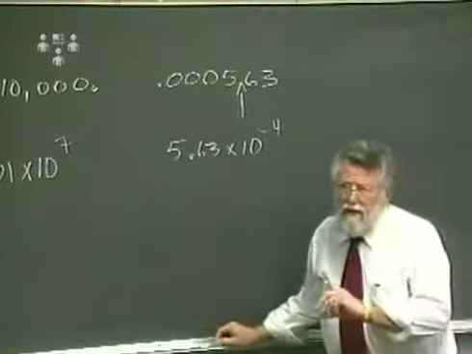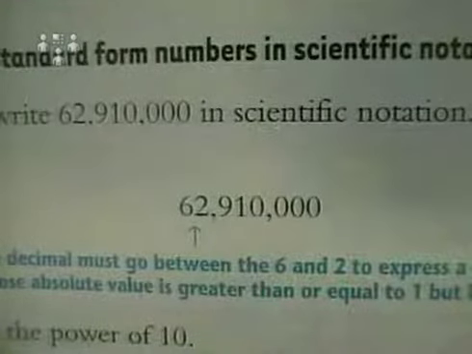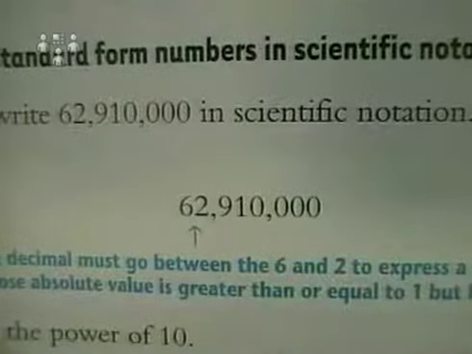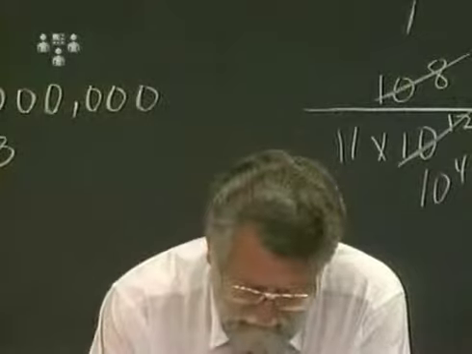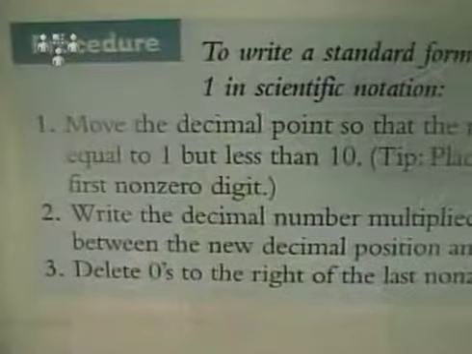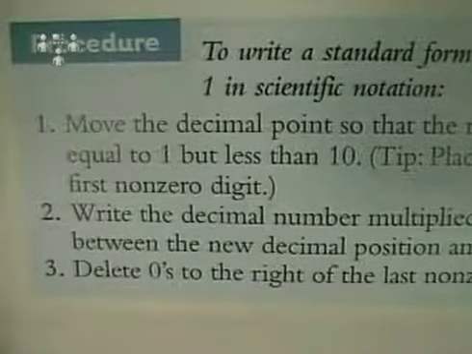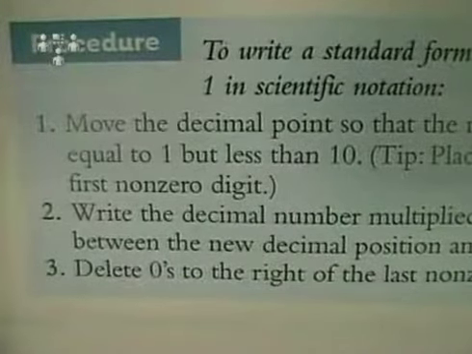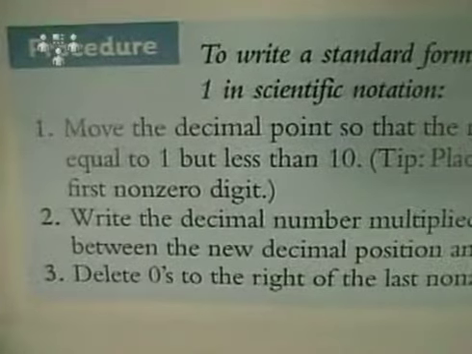And now I'm going to leave this, and we're going to go back to the document cam. And in terms of what's done in the statement in the text, I think you're going to find it very comfortable. As we go down to the bottom of that page for your reference, it says, move the decimal point so that the number's absolute value is greater than or equal to 1. Now, this is in dealing with negative numbers also, so I want to look at that for a moment.